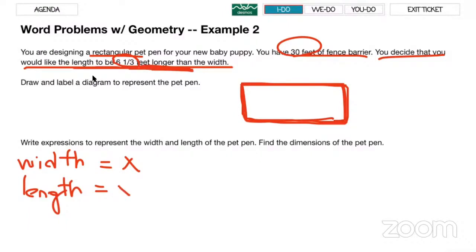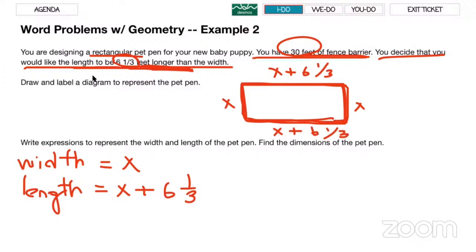So you need to take the width and add 6 1/3, because you're trying to make the length 6 1/3 feet longer than the width. Okay, so the widths are x's and the length would be x plus 6 1/3, and the same thing on the bottom, x plus 6 1/3.